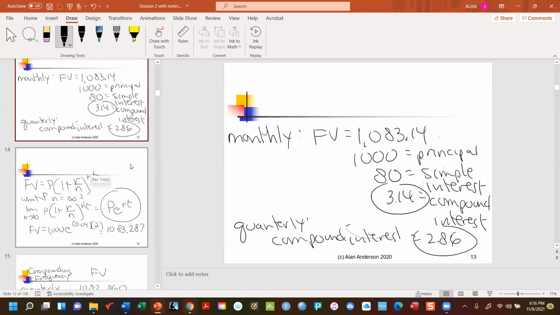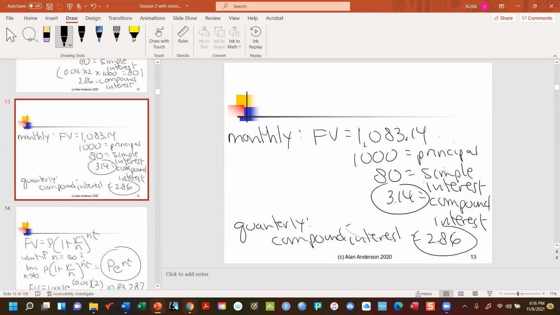So you might ask yourself, well, what happens if I have daily compounding? Will this go up? Yes, it will. What if I have compounding every hour or every minute? The compound interest will continue to rise, but it turns out there's a limit to how far the compound interest can go.